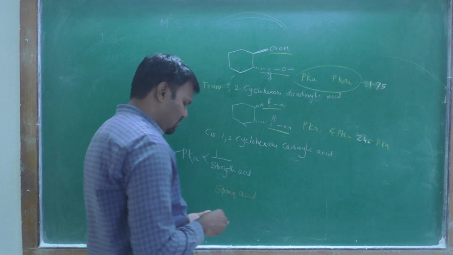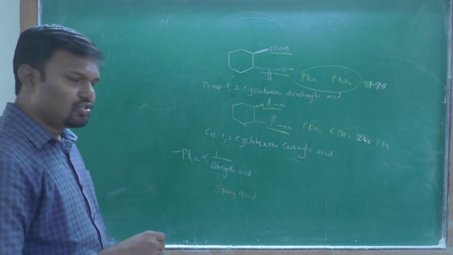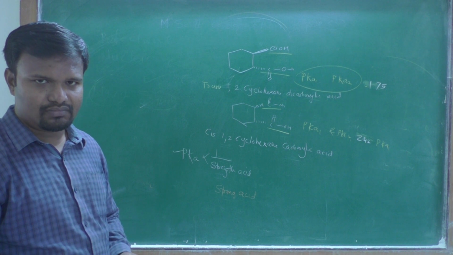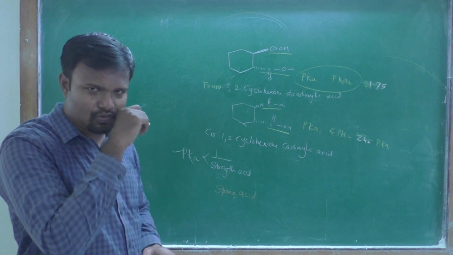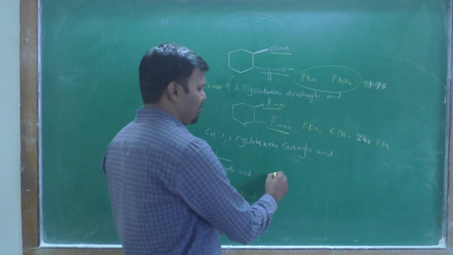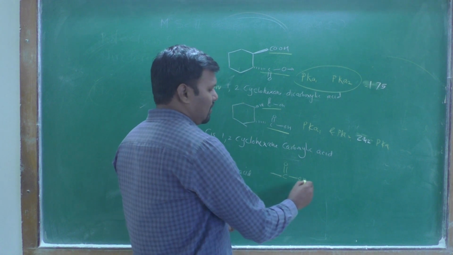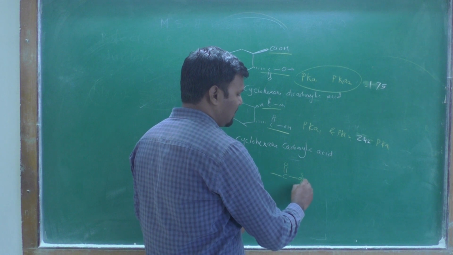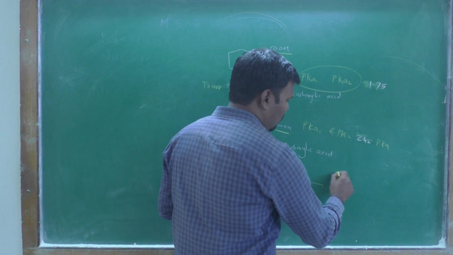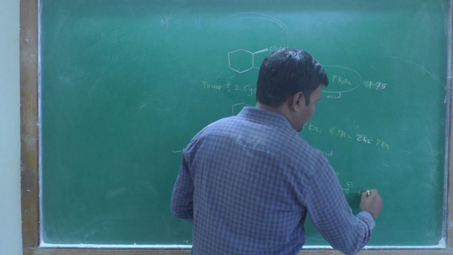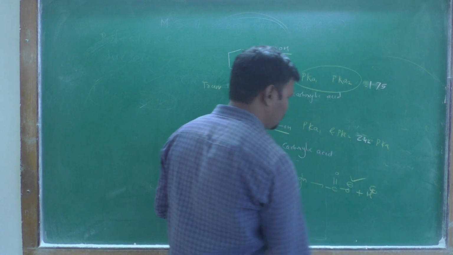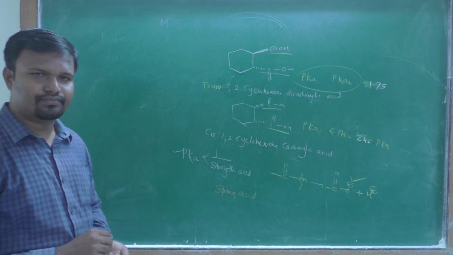A strong acid dissociates easily. What does dissociation mean? If there is an acid which contains a COOH group, and it dissociates that hydrogen, you get the COO minus and H plus ion. This is called the dissociation of the acid.